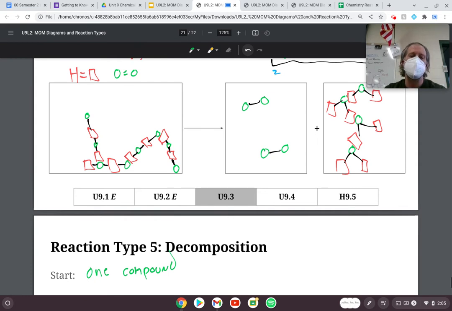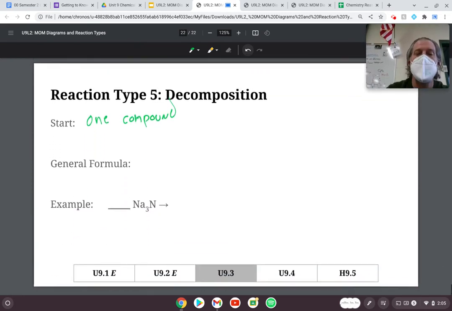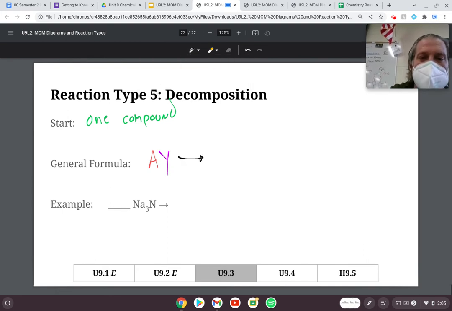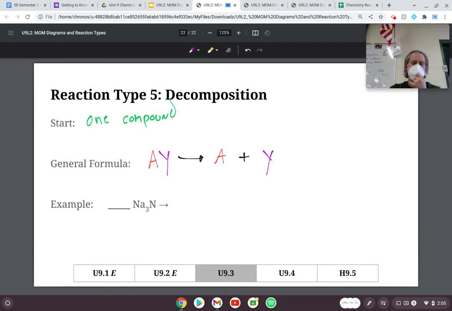And so the generic reaction or reaction template for this situation is going to simply be AY will separate, decompose into A plus Y. Now, they're not always going to be nonmetal and nonmetal or covalent, or metal and nonmetal or ionic compounds.